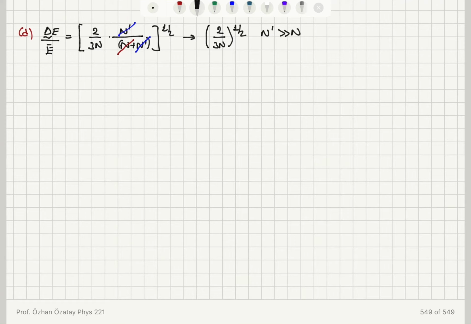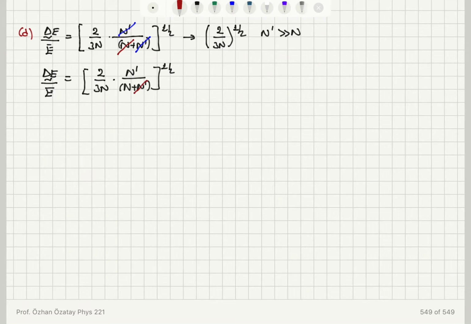Now if I look at the limit n prime is much less than n, so delta E tilde divided by E bar is 2 over 3 capital N, n prime, n plus n prime to the power 1/2. Now n prime is much less than n, so it should be neglected.